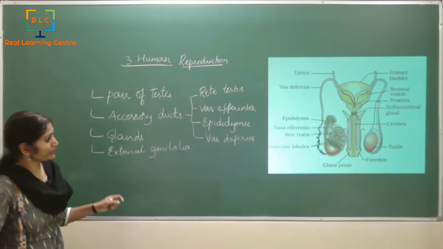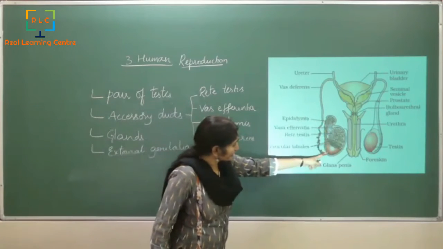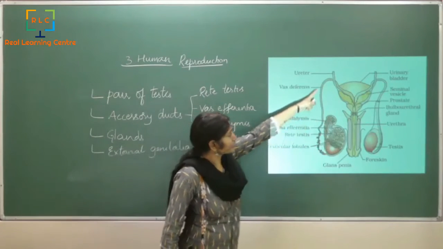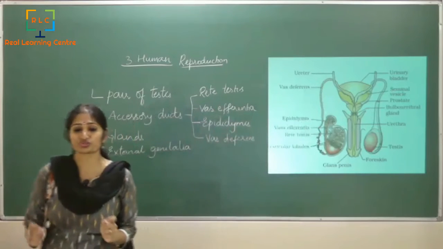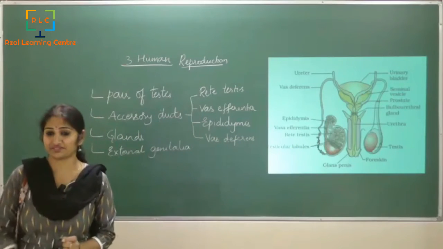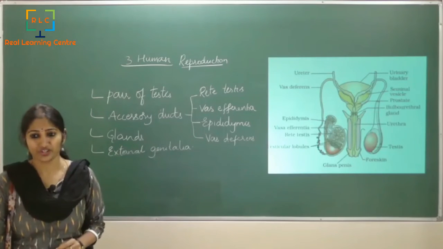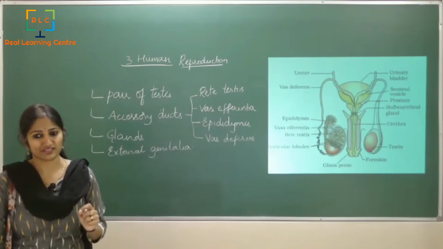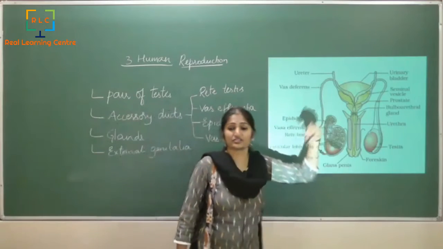Now this epididymis finally gets connected backwards, and you see that it connects into one of the biggest tubules, which is called the vas deferens, right? It goes into the vas deferens. Now as it goes into the vas deferens, you see that this tubule enters into the abdomen.